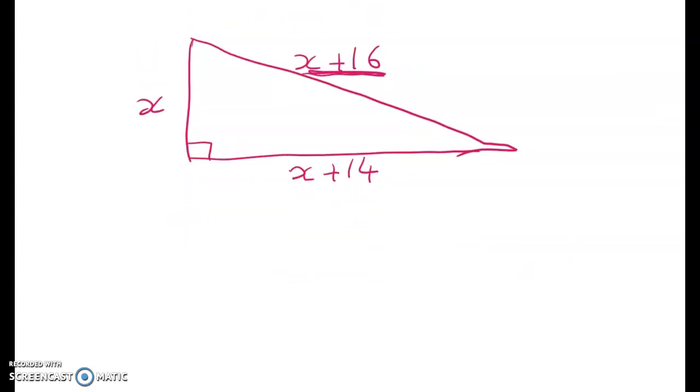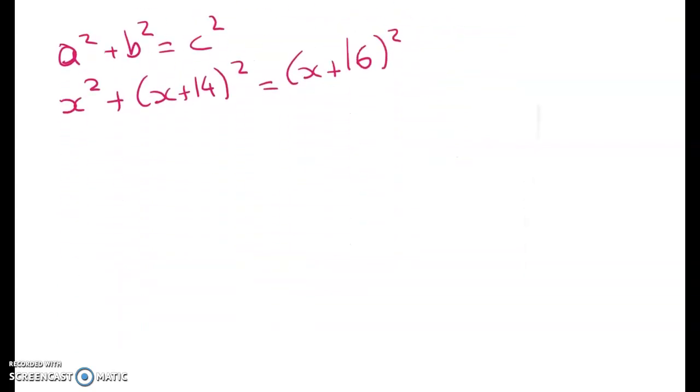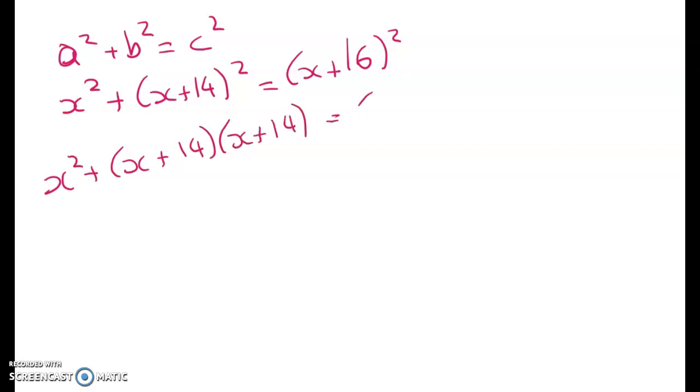So we're ready now to set the equation up, and we've got a squared plus b squared equals c squared. So here we've got x squared plus (x plus 14) squared is equal to (x plus 16) squared. To solve that, we need to expand everything. I'm just going to write these out slowly so that we don't make a really common mistake.